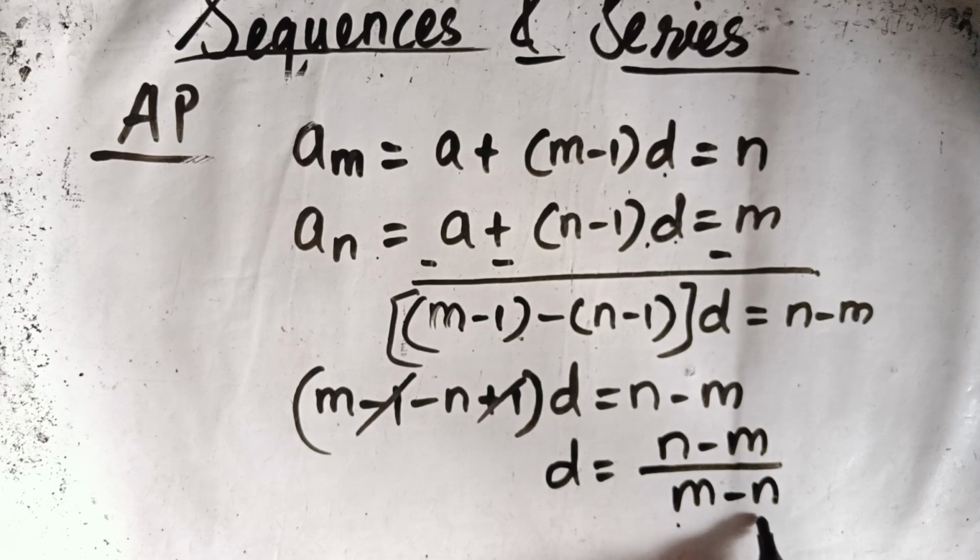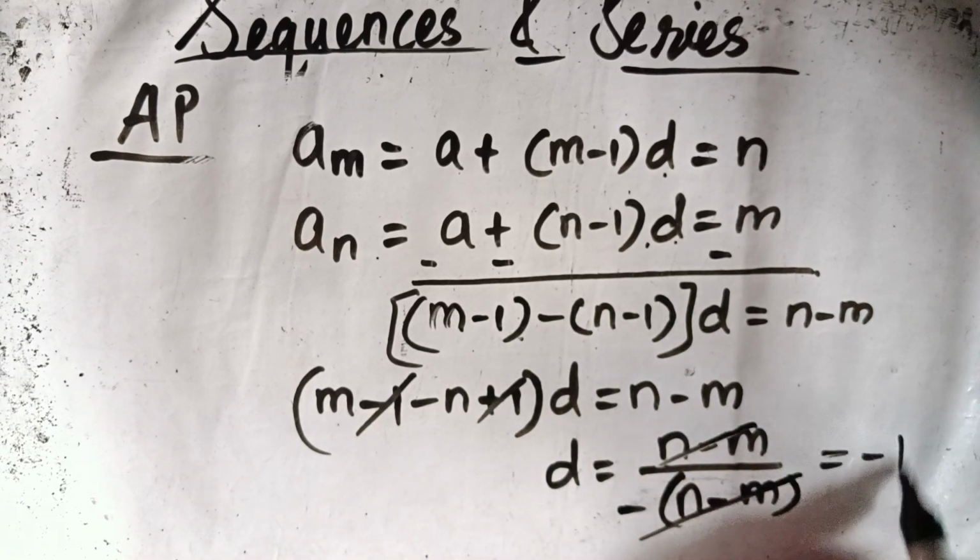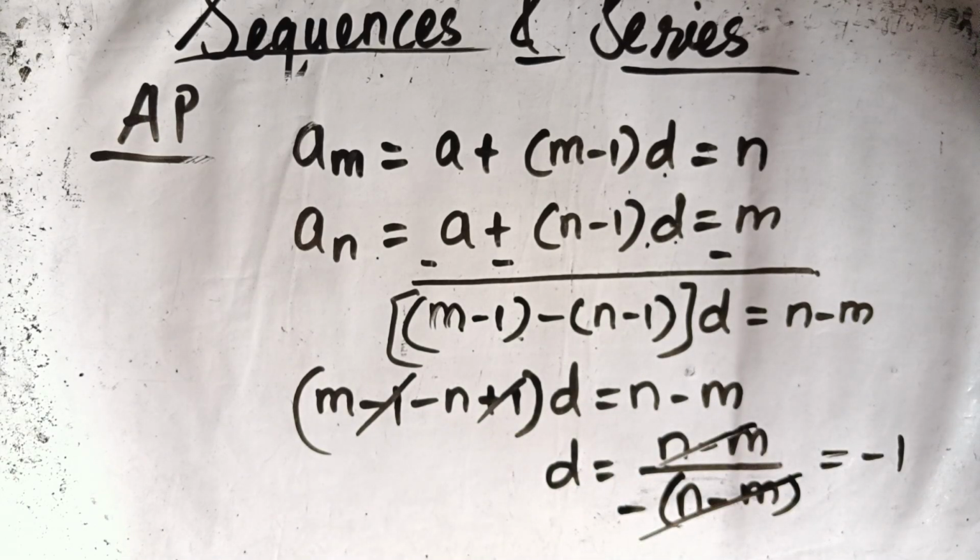So I can write this m minus n as minus (n minus m), taking the negative sign outside. So we can cancel this and we'll get minus 1. Okay. So d is equal to minus 1. We got the value of d, which we can substitute in our AP.